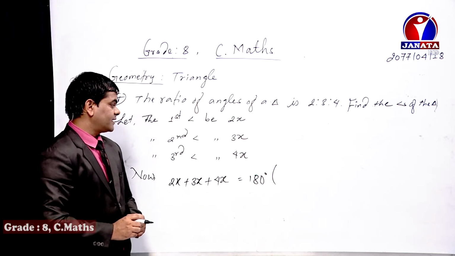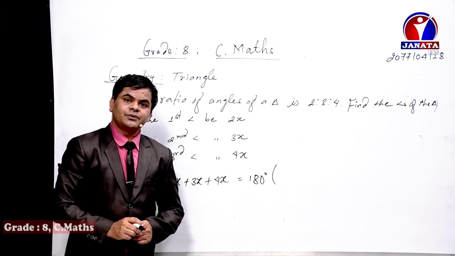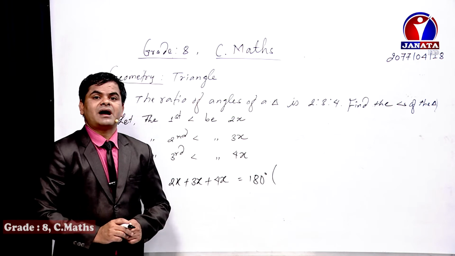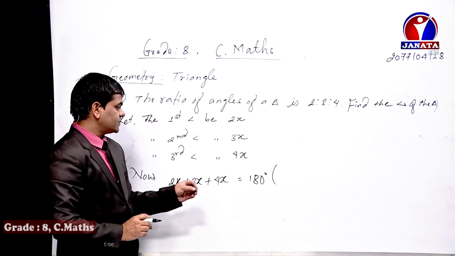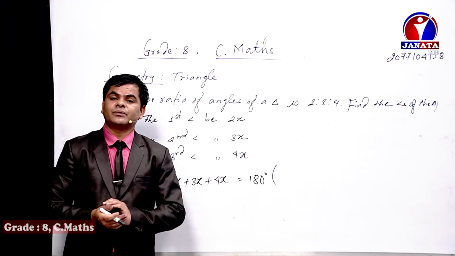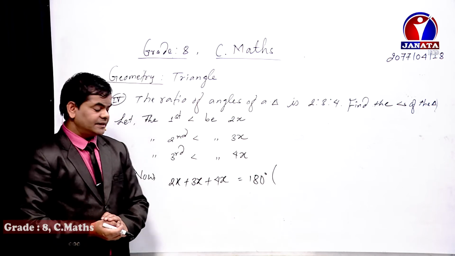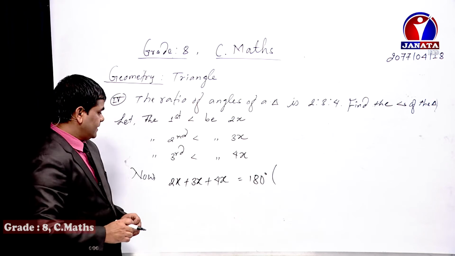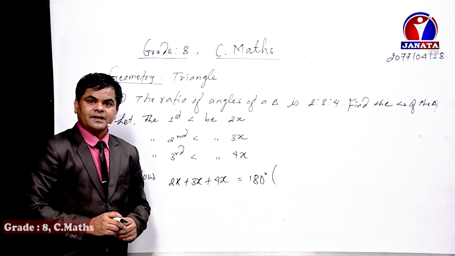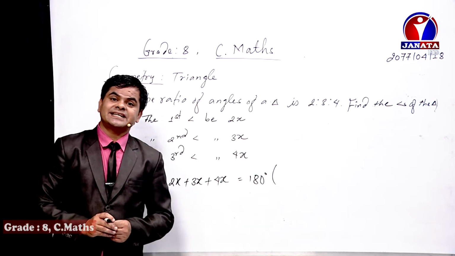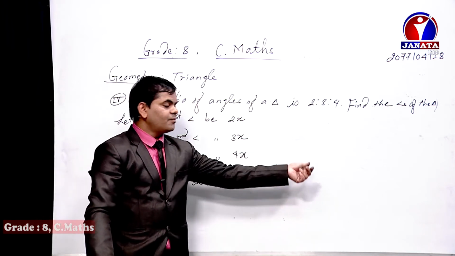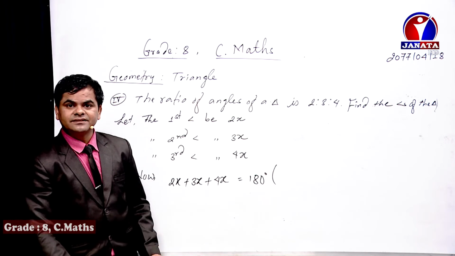Until and unless we clarify the reason, your teachers, while checking your copies, may deduct certain marks out of the full marks of that question. It is better to clarify the reason, okay? Geometry always demands the reason along with the statements. This is the statement, okay? Now, sum of angles of a triangle, if you write, that is the reason.